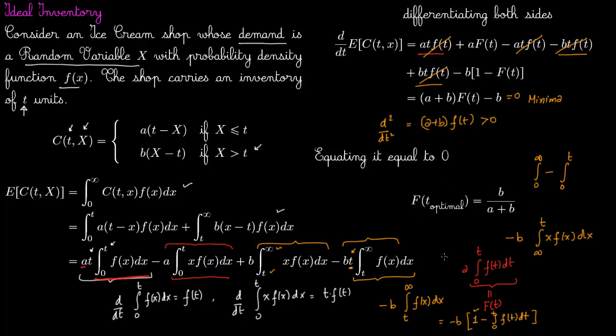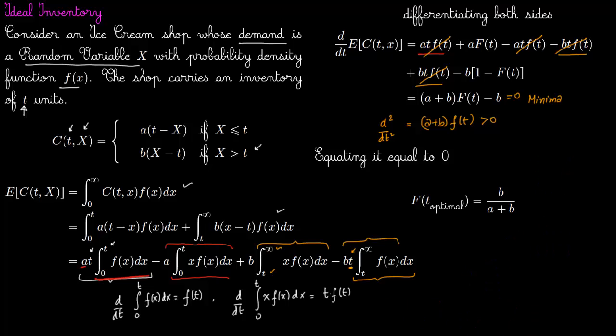So what does this essentially mean? Let me draw this in a graph and show you what this t optimal means. So this capital F is a cumulative distribution function. You know that this cumulative distribution function goes from 0 to 1.